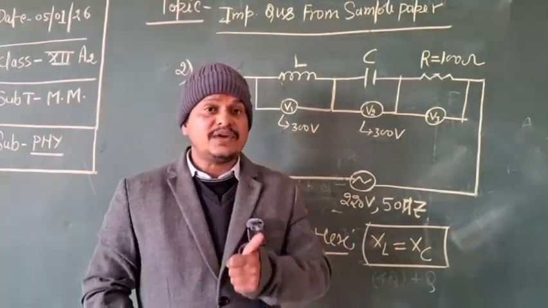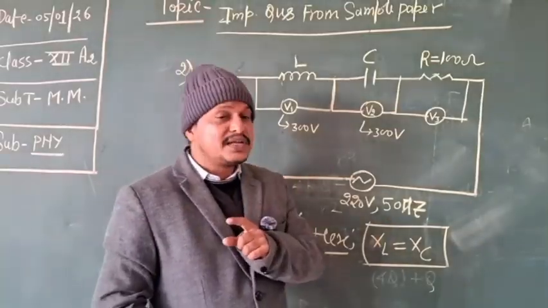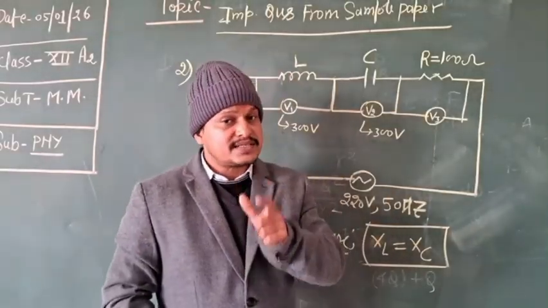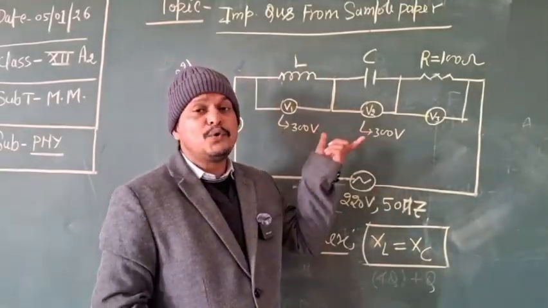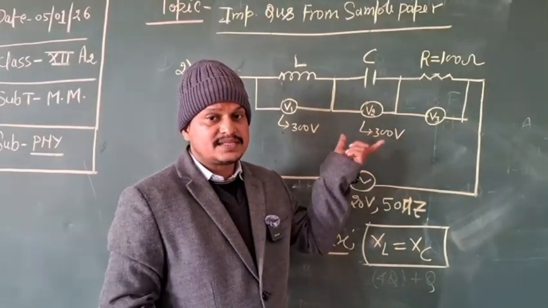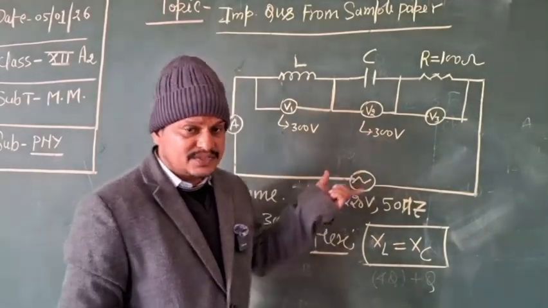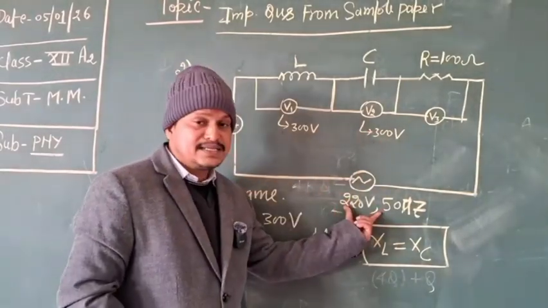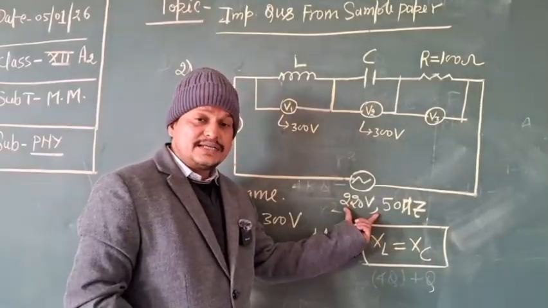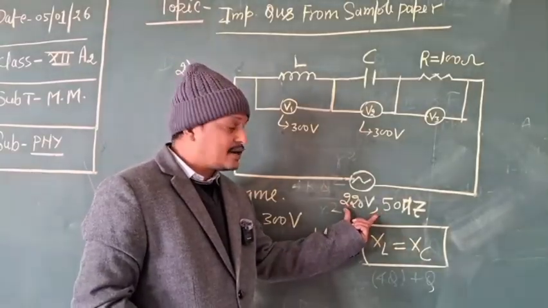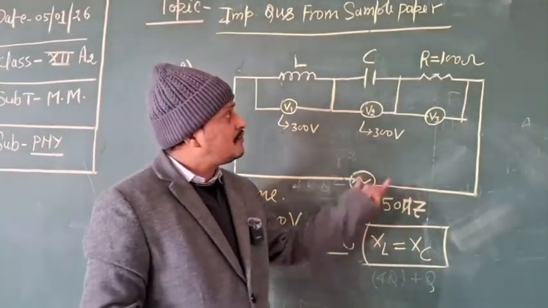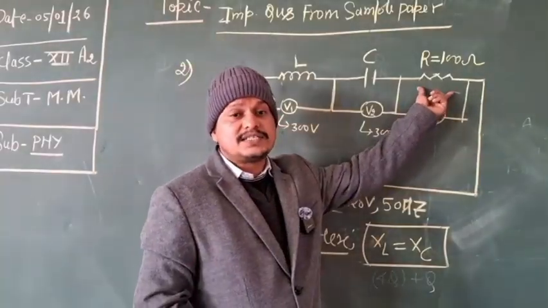You also know very well that in the case of resonance, the circuit behaves as a pure resistive circuit. In this condition, the voltage applied across the circuit will be equal to the voltage across the resistance.